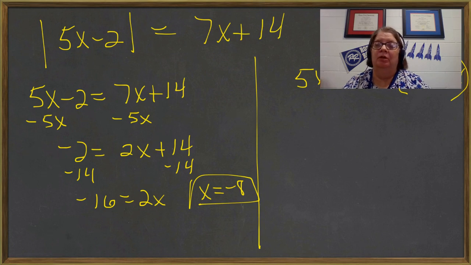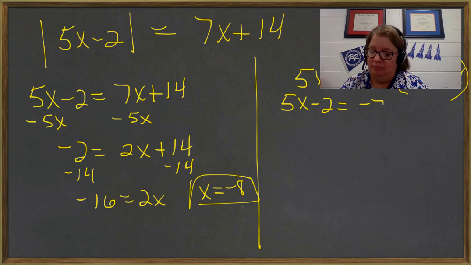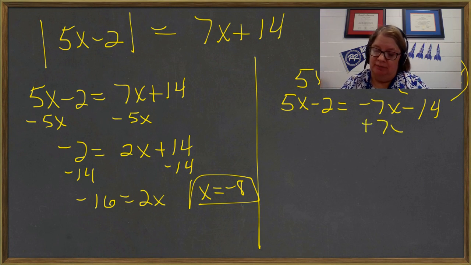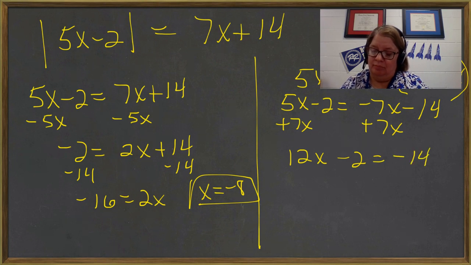Okay, solve this side. Make sure this negative distributes to both of these. All the x's to one side. Add the 2.